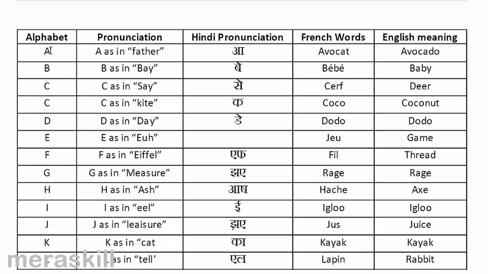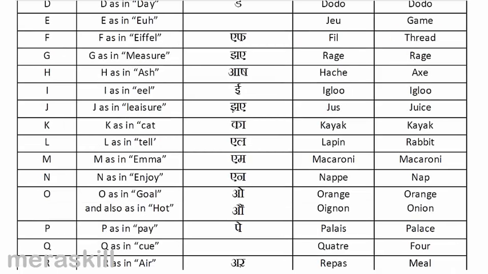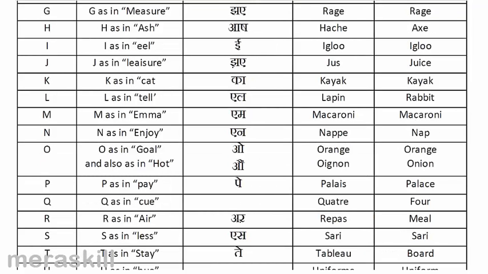So in English, you have the alphabet A, B, C, D, E, F, G, H, I, J, K, L, M, N, O, P, Q, R, S, T, U, V, W, X, Y, Z. That's how we all know it. But in French, you're going to pronounce it differently.